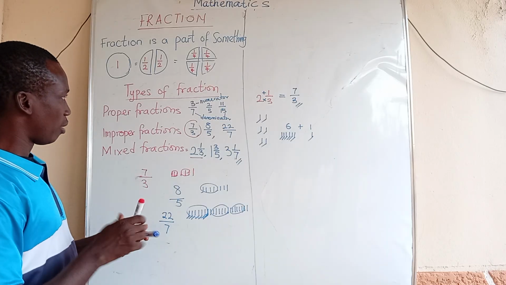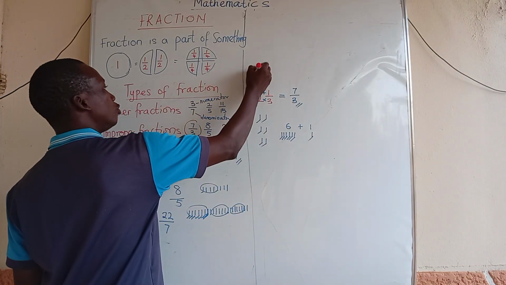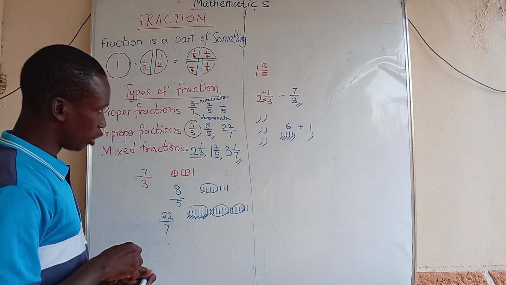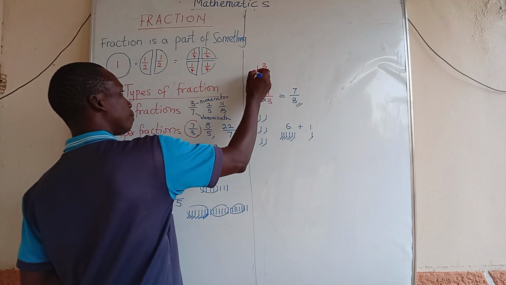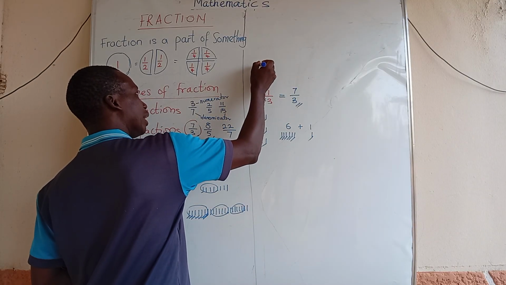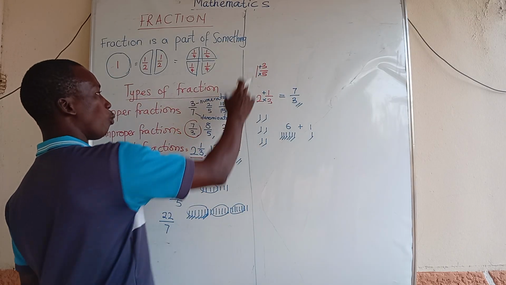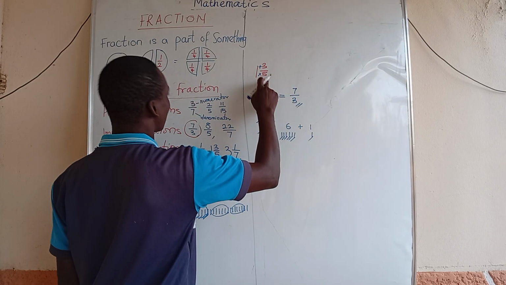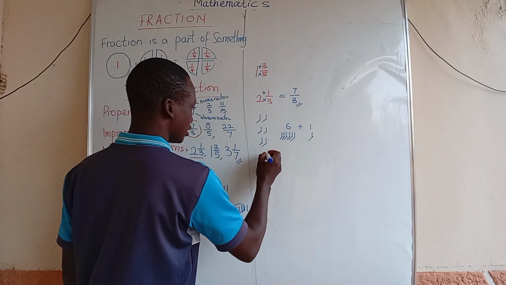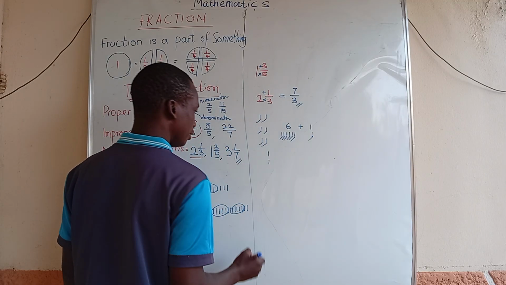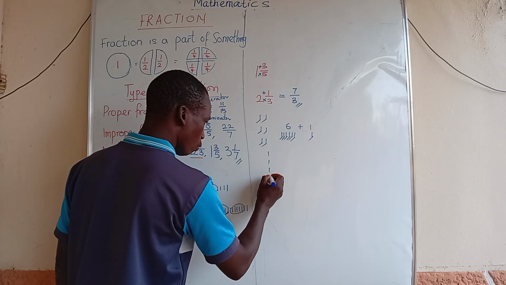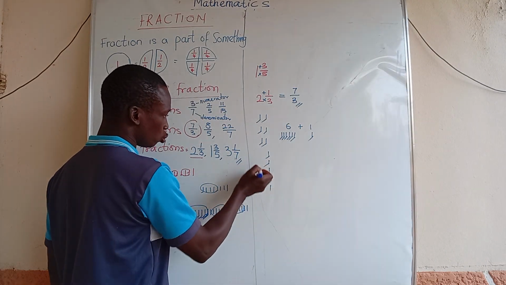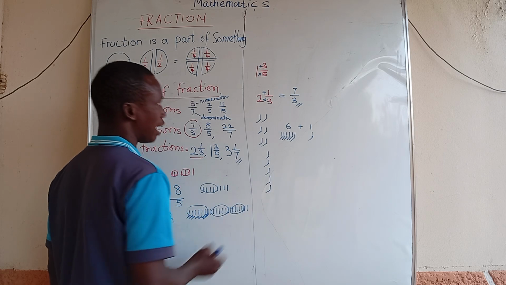Let's look at another one. That is 1 whole number 3/5. Remember what we do? We multiply 1 times 5 and then we add 3. So 1 times 5 means count 1 in 5 places. That is 1, 1, 1, 1, 1. Then we count it together. 1, 2, 3, 4, 5.